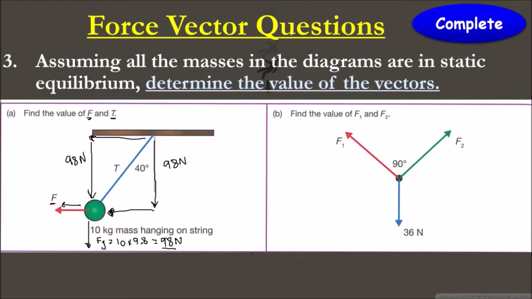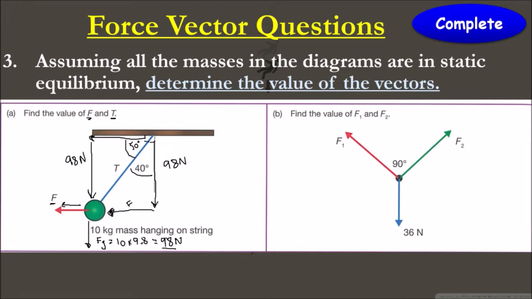Okay, so as you can see, this is 40 degrees. If this is a 90 degrees intersect, because assuming that gravity goes directly perpendicular to the surface, this would be 50 degrees. So you could use, in this case, trigonometry, SOHCAHTOA, to work out T and F here.